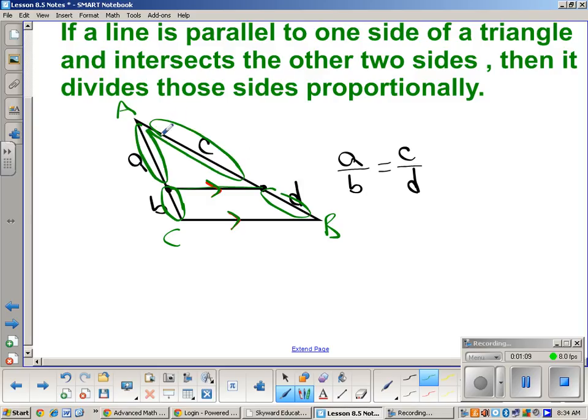Okay? And so we can say A is to B as C is to D. And so when we say A is to B, we mean the fraction A over B equals C over D. Okay? They're proportional. No matter where that parallel line is drawn.